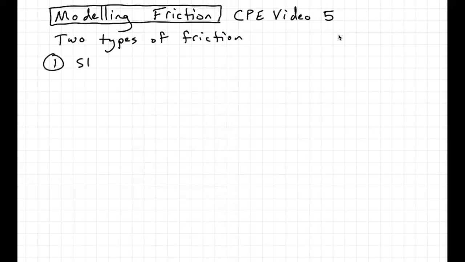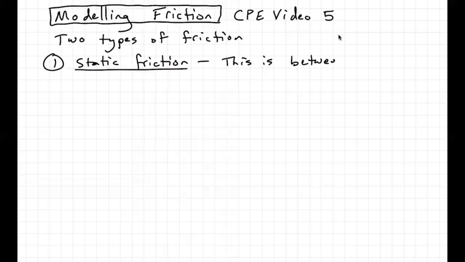So first, static friction. And as I just said, this is friction between two surfaces that don't move relative to each other. So what does that mean? Well, we've seen an example of this on the most recent problem set.